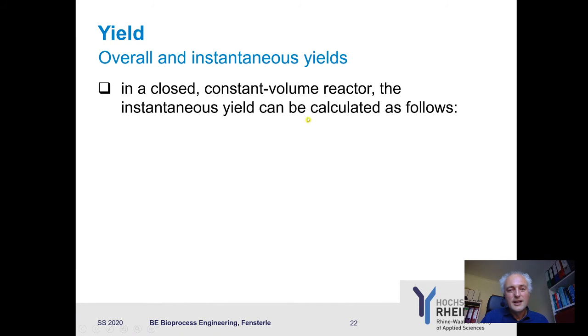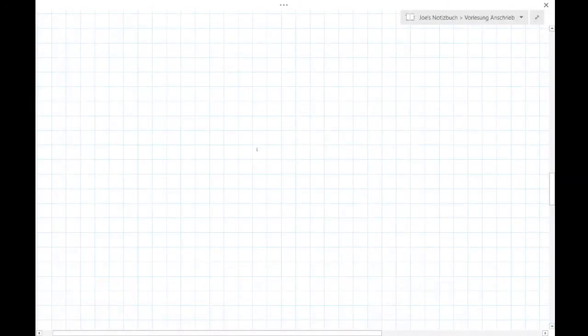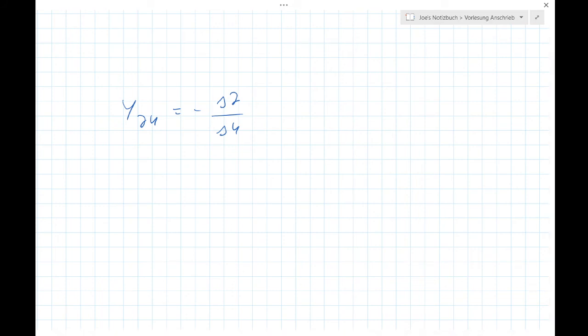In closed constant volume reactors, you can calculate the instantaneous yield. You remember our yield Y_JK was minus delta J divided by delta K. So this was true if we have J at the end and at the beginning, the same for K at the end and at the beginning.